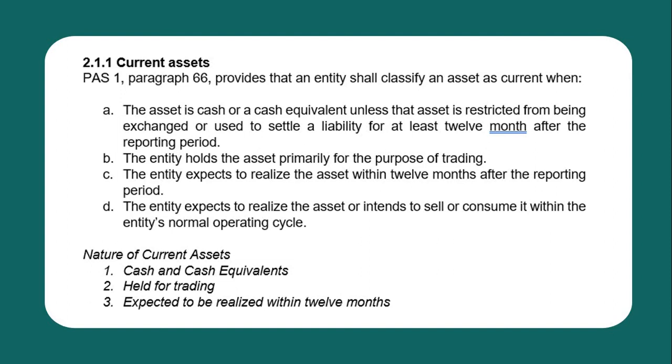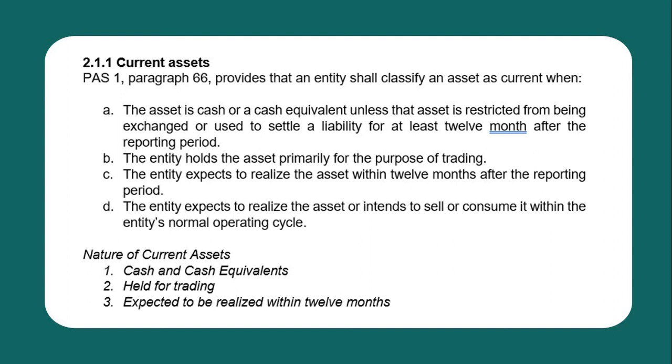Meaning if the nature of the account is accounts receivable but it happens to be recollected after 1 year pa, since the accounts receivable purpose is for trading, then ma-disregard tong period kano sa ma-realize ang accounts receivable. Therefore, the accounts receivable shall be classified as current asset.